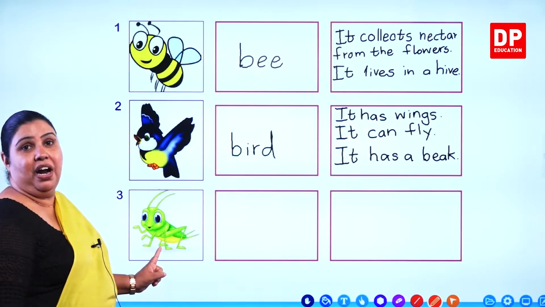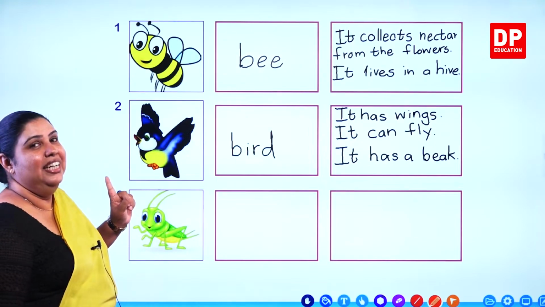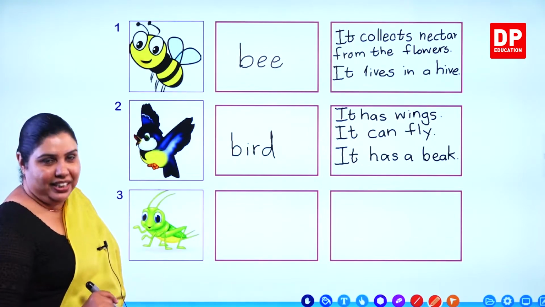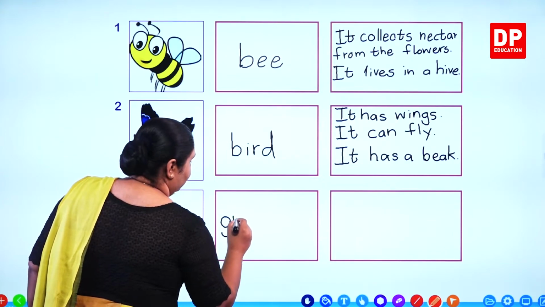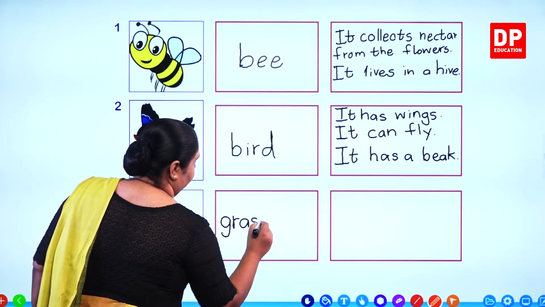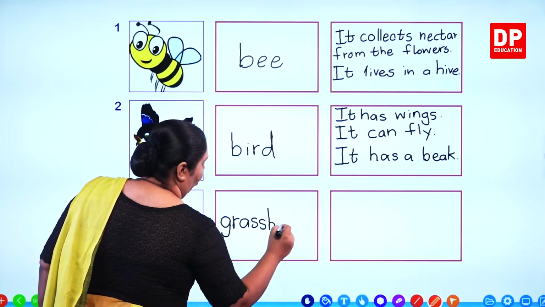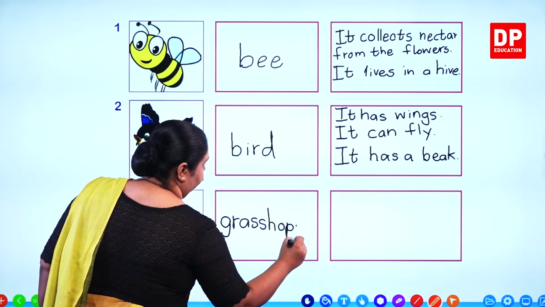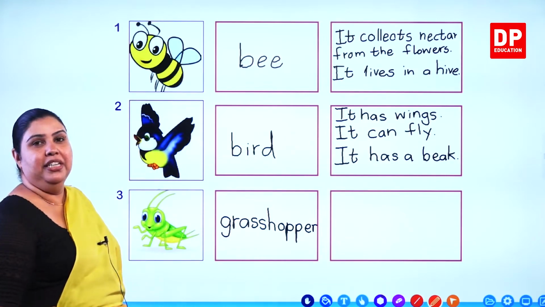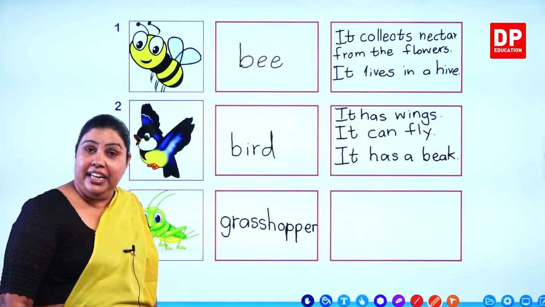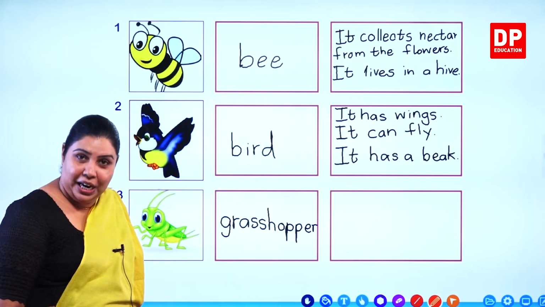Then the third one. This is the grasshopper. Grasshopper. So now we are going to write the word grasshopper. Grasshopper. Right. Now can you remember the description? It said it's green color, small. Can you remember?